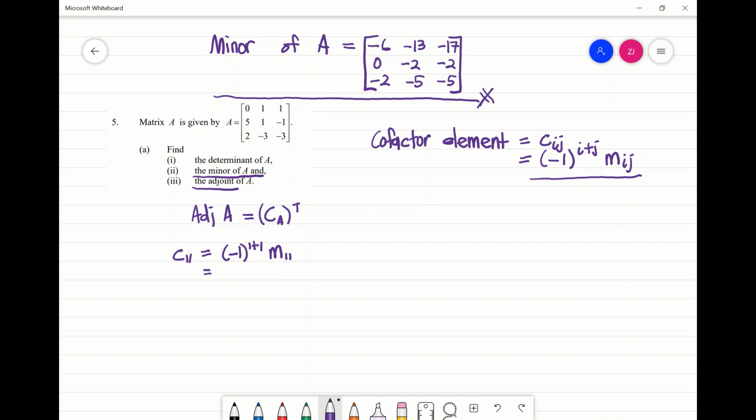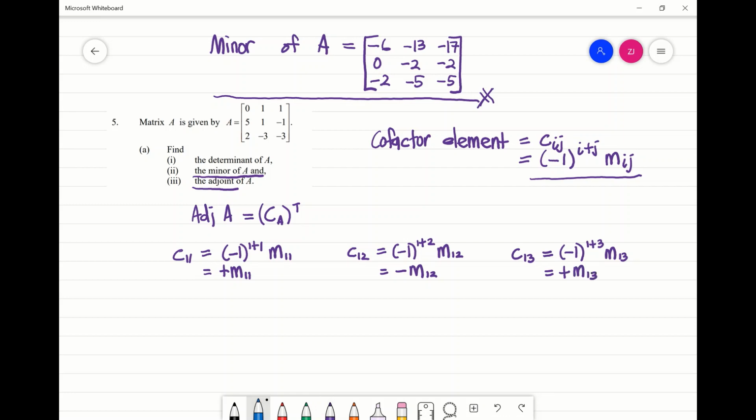So we will have negative 1 to the power 2, which is positive M11. Then C12: the formula is negative 1 to the power of 1 plus 2 times M12, so negative 1 to the power of 3 is negative M12. And then we have C13, the cofactor element in the first row, third column. So we have negative 1 to the power of 1 plus 3 times M13, which is negative 1 to the power of 4, positive M13.